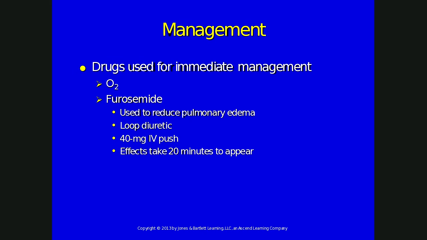So furosemide changes the permeability of cells and capillary membranes so that sodium leaves, and when sodium leaves, water will leave with it. So you have to watch these patients.